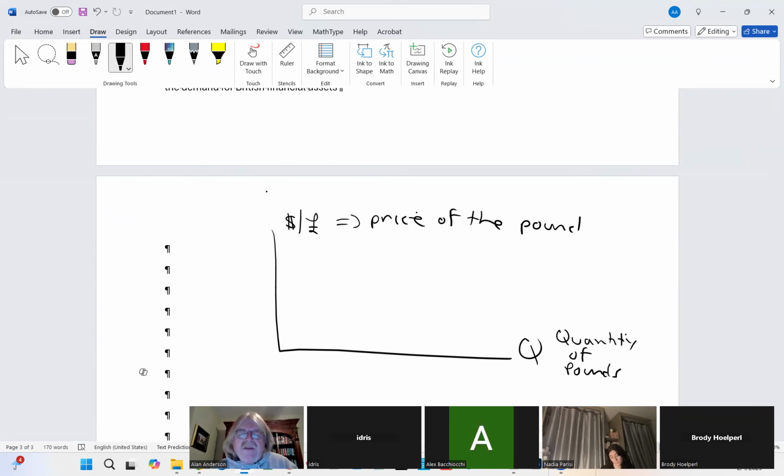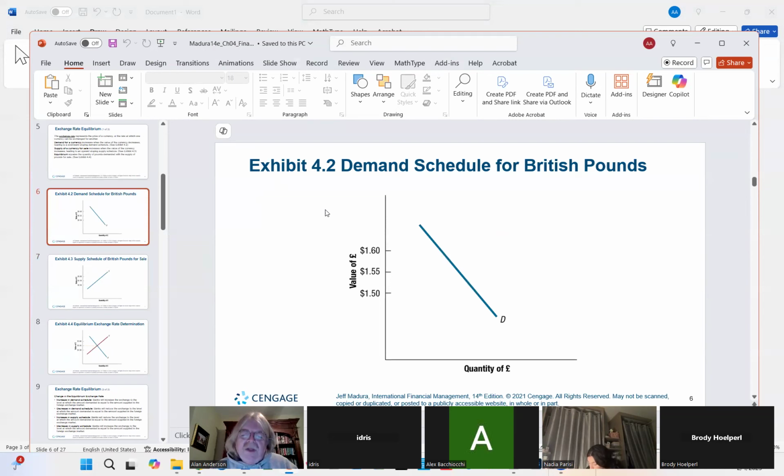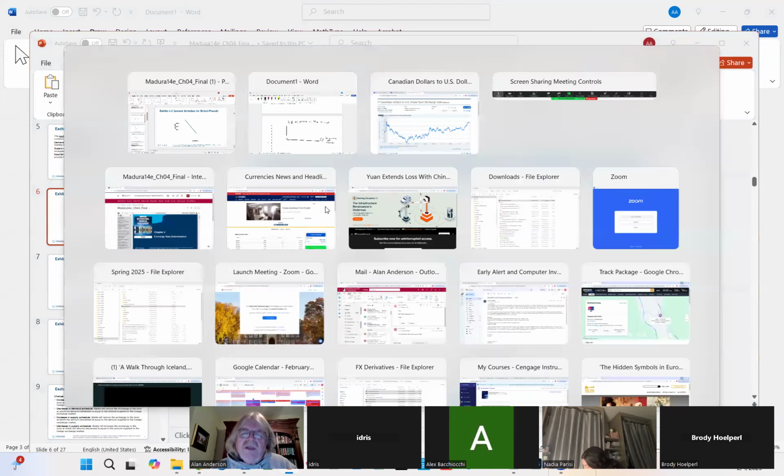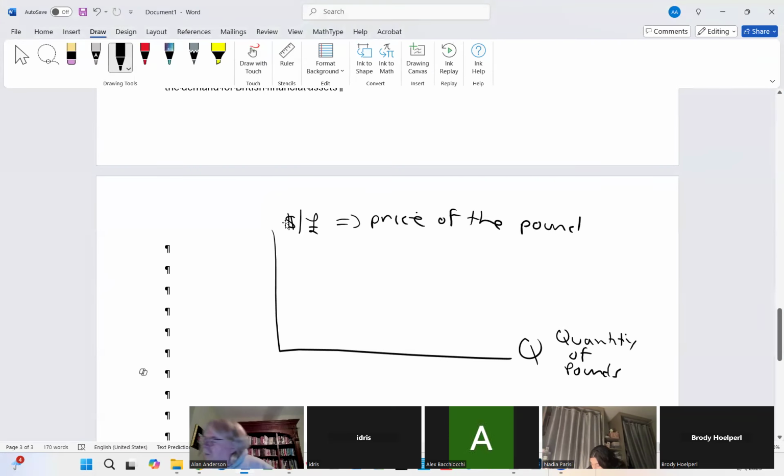Great. Now, once we have this established, we can establish or define a supply and a demand curve. So you can see they've got the three exchange rates, and at these three exchange rates, we have three different demands.